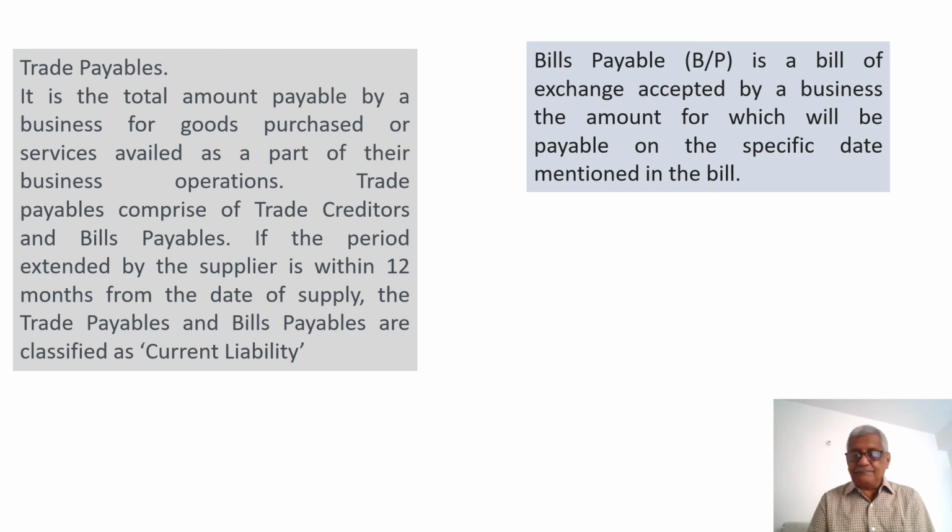Then we call it a bill payable when I have accepted the bill for payment on the due date. If it is not accepted by me, it is not required to be done, then I call it a trade creditor. Both represent the same thing, whatever may be the amount that is to be paid to the supplier. Bills payable I use only when the company has accepted the bill of exchange for payment on the due date.